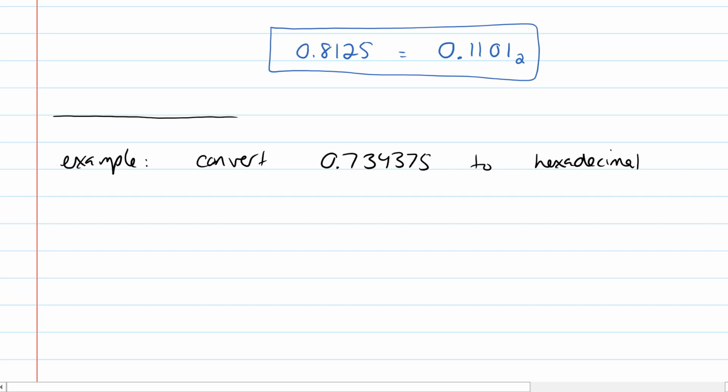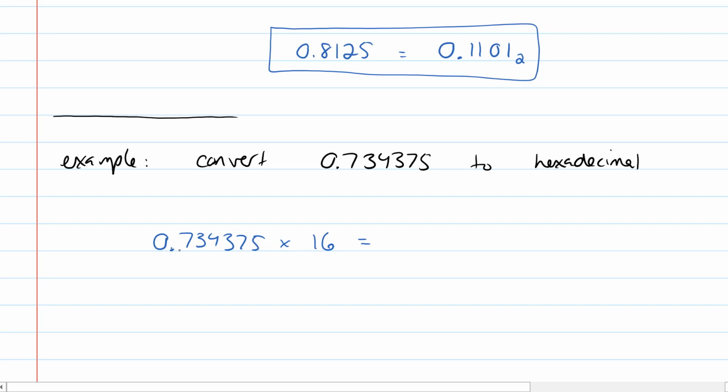Once again we're using the method of repeated multiplication, so I take 0.734375 and multiply it by the base that we're moving into. Hexadecimal is base 16, so I'm going to multiply that number by 16.